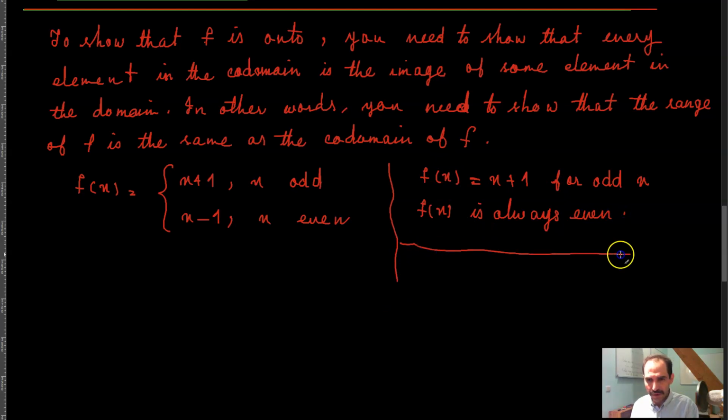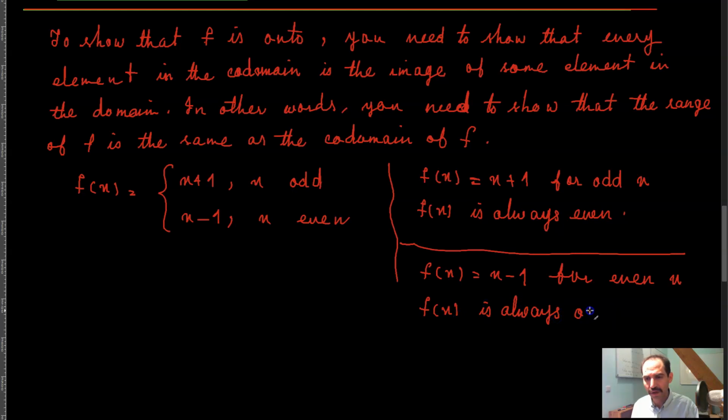Now over here, when I say that f of x is equal to x minus 1 for even x's, you have some even number and you subtract 1 from it, so you will get an odd number. That means that here f of x is always odd, right?